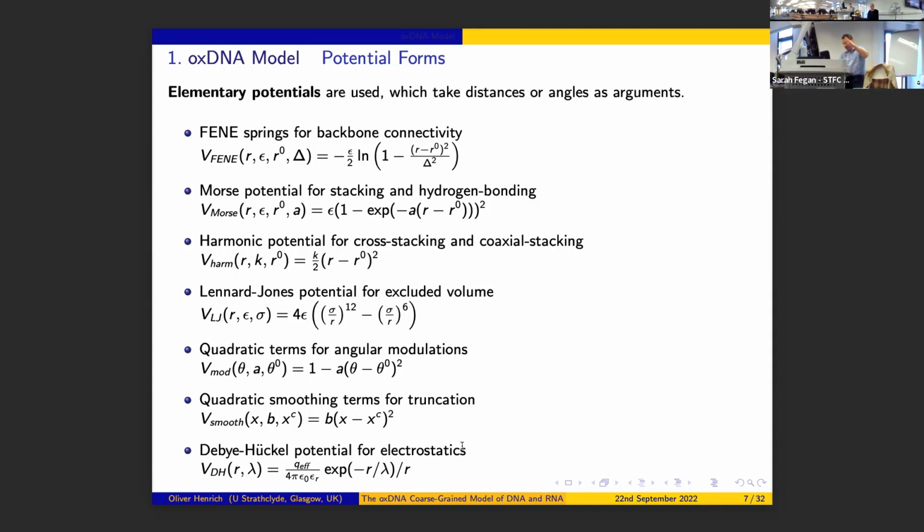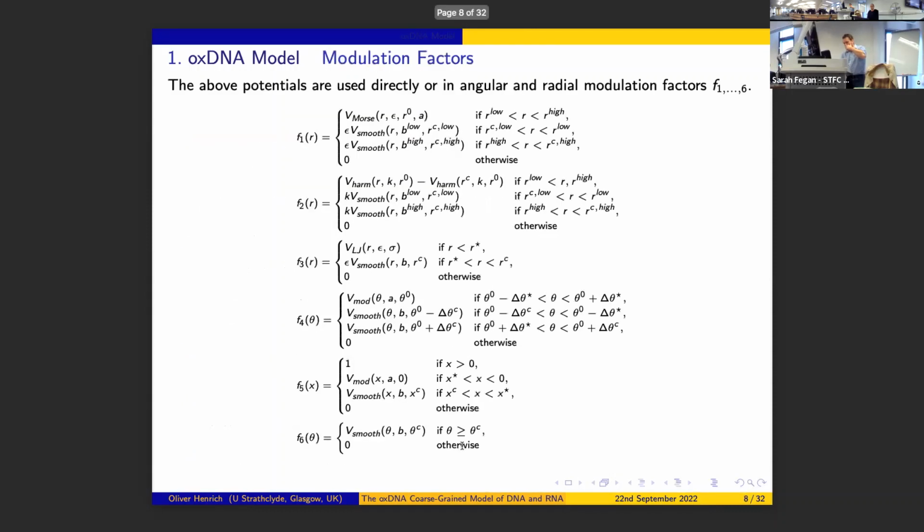So these are the basic potentials that appear somewhere, and then it gets maybe a bit more confusing when you see that with these potentials, you can define these modulation factors F1 up to F6. For example, the Morse potential appears in this F1 factor, but the Morse is only active in a certain range, so there's then smoothing, and it goes to 0.